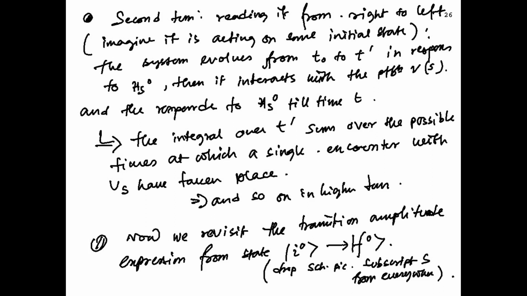So what is the probability for the system to go from this unperturbed eigenstate i naught to f naught, which are just two states for the full problem, and we want to compute this quantity again using this formalism.